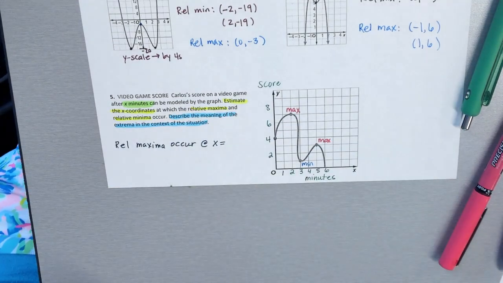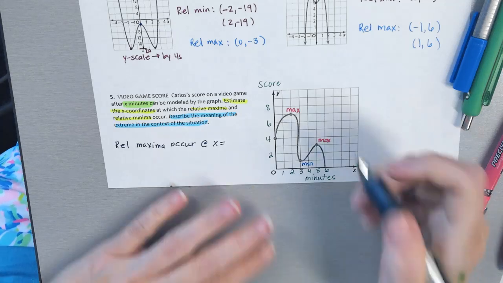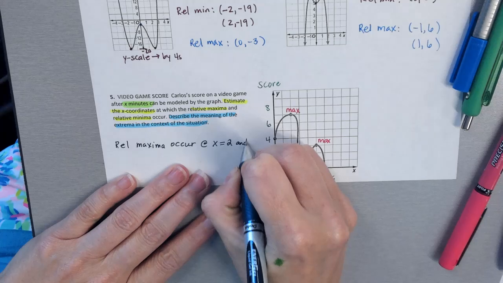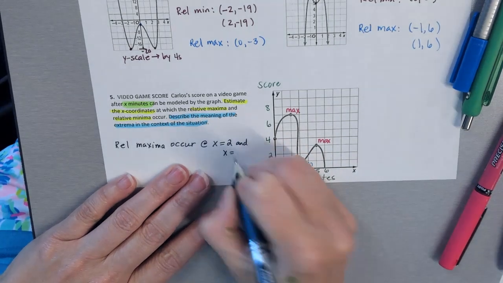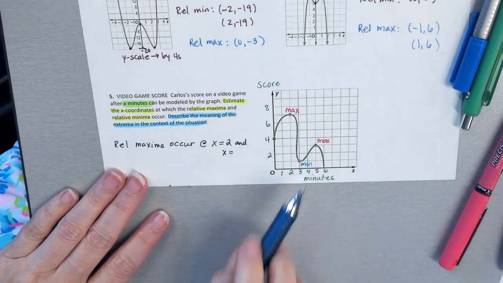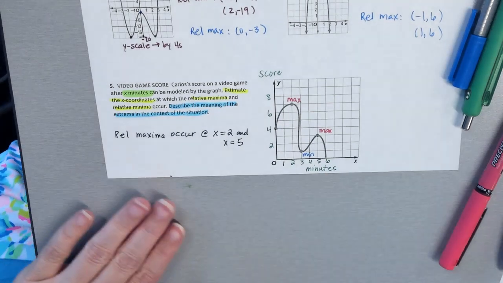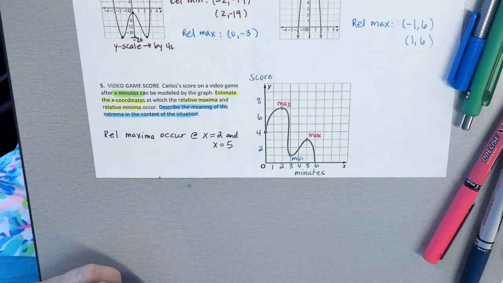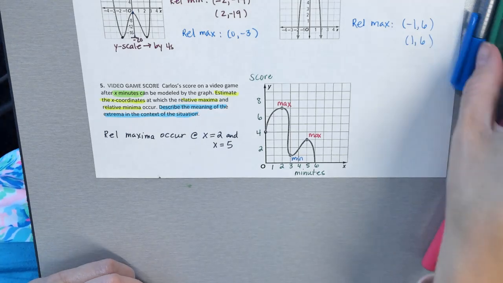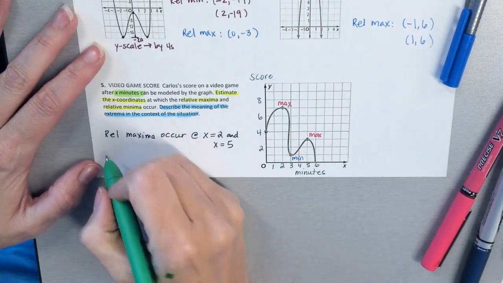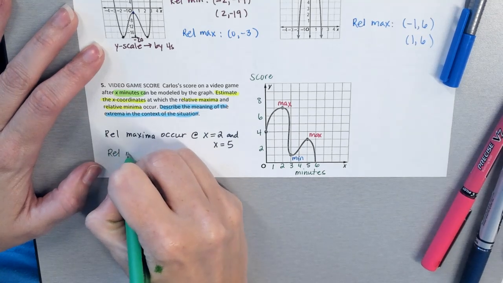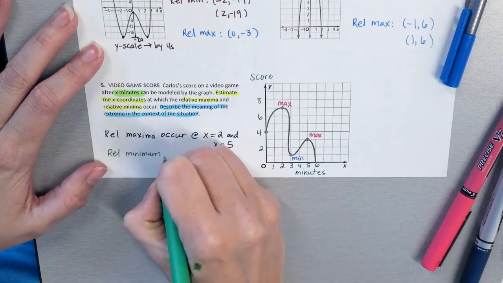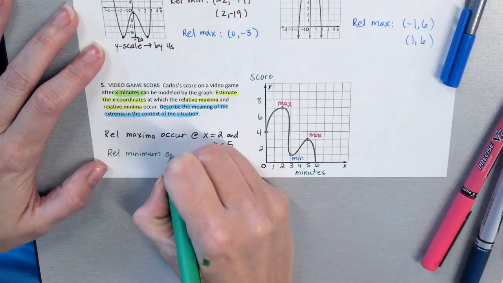Okay, so because it's just asking for the x coordinate, your max value is going to occur at x equals 2 and at x equals 5. Okay, and then we only have one of the minimums, so you can say the relative minimum because there's only one. I'm even okay if you say min.